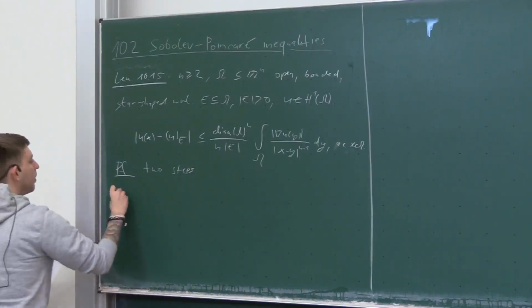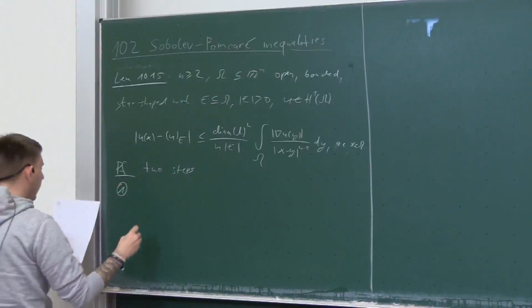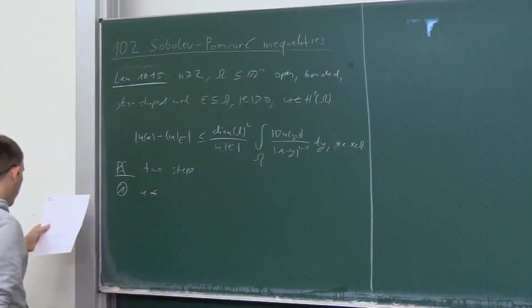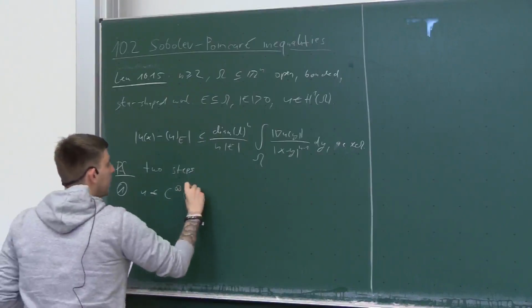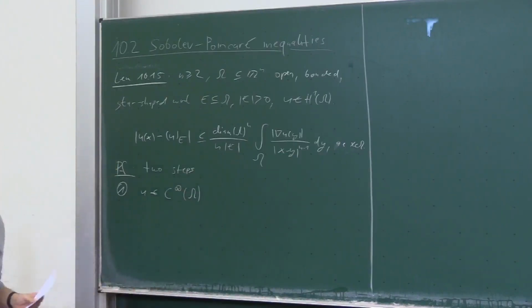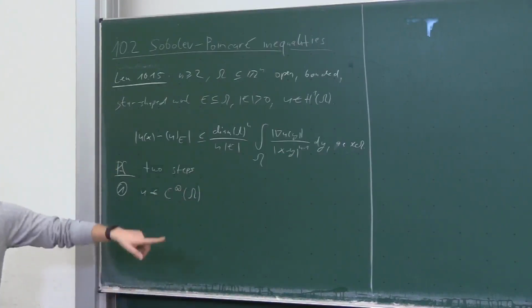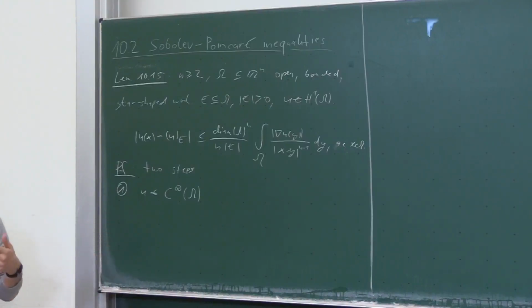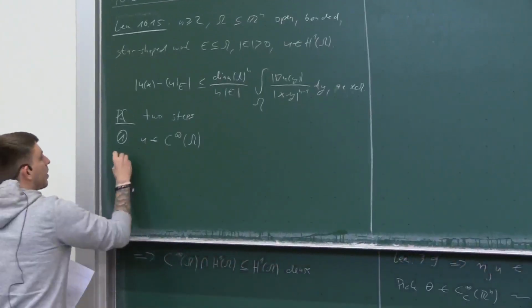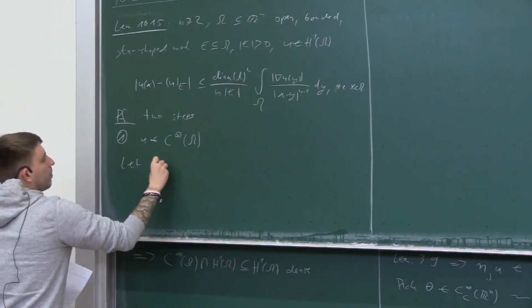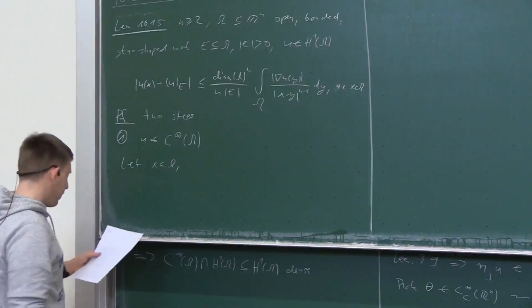Okay, so the first step is we start with u, which is a smooth function in omega. So this is the case that comes out from the Meyers-Serrin class. We take some x in omega.